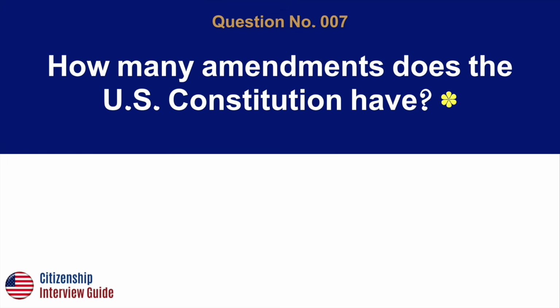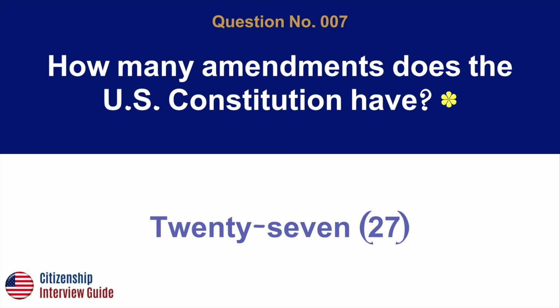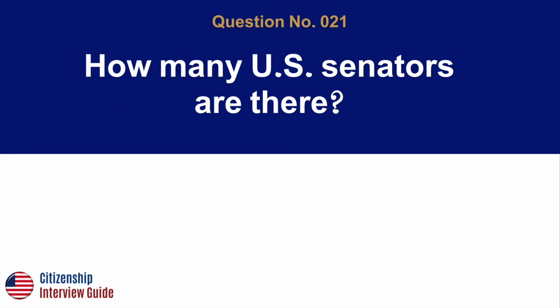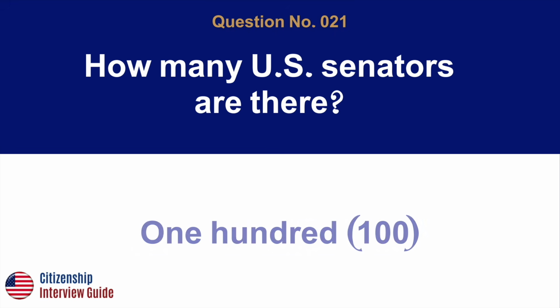How many amendments does the U.S. Constitution have? 27. How many U.S. senators are there? 100.